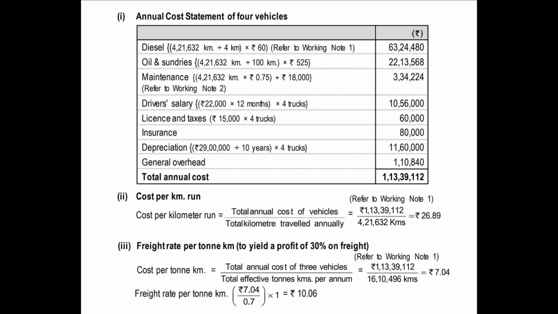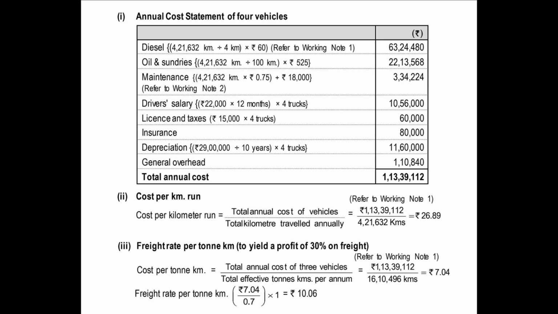Total effective tons kilometer we have already derived in the working note, so update from the working notes: 16,10,496 kilometers. So divide the total cost by 10 kilometers. Then the cost per 10 kilometers will be 7.04 rupees.